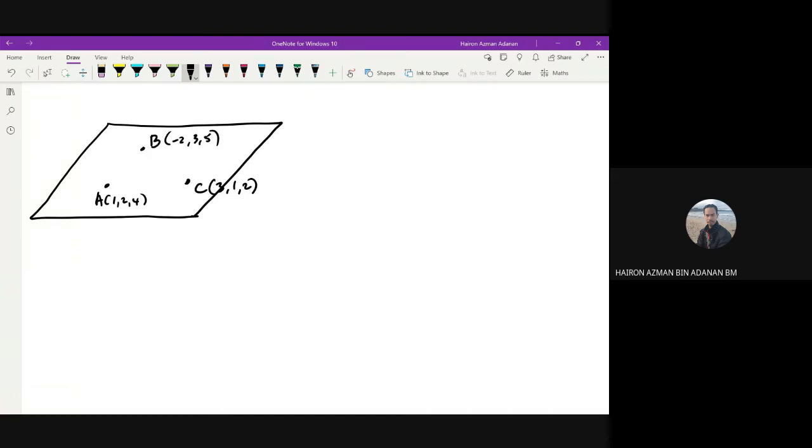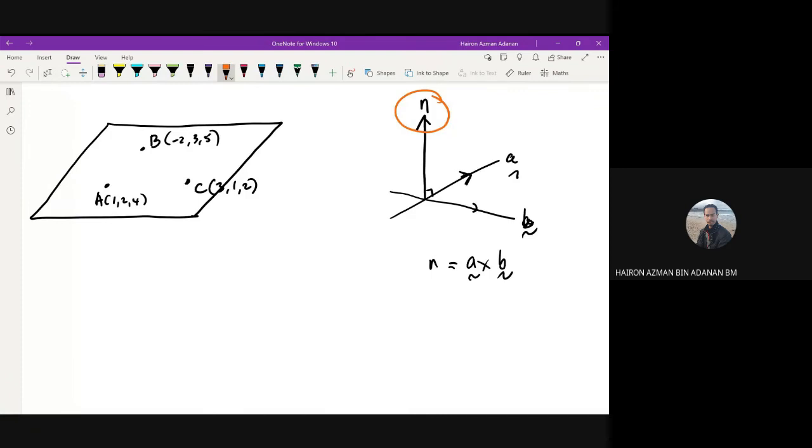If we cross two vectors, vector A and vector B, what happens? We will get a vector n. What is vector n? This is the vector normal. That vector will be perpendicular to both vector A and vector B. So we use this idea here. It means to get the vector normal, we have to cross two vectors.